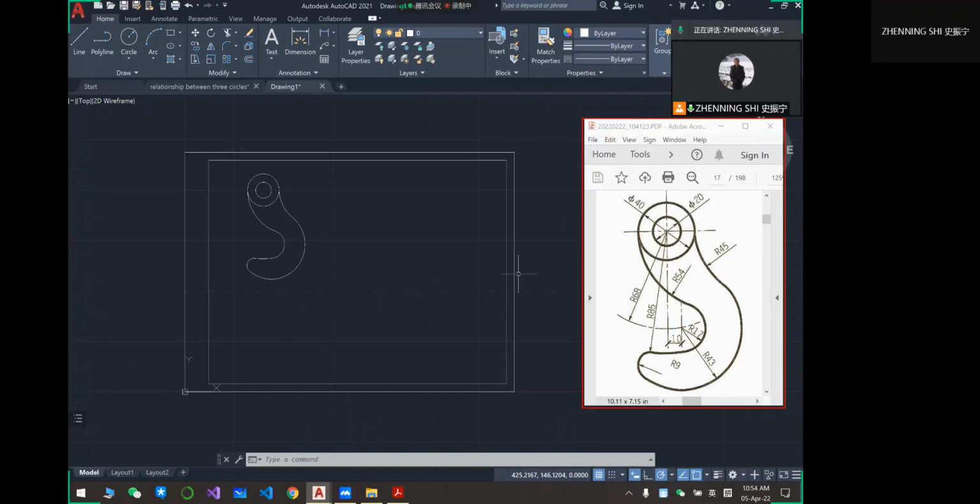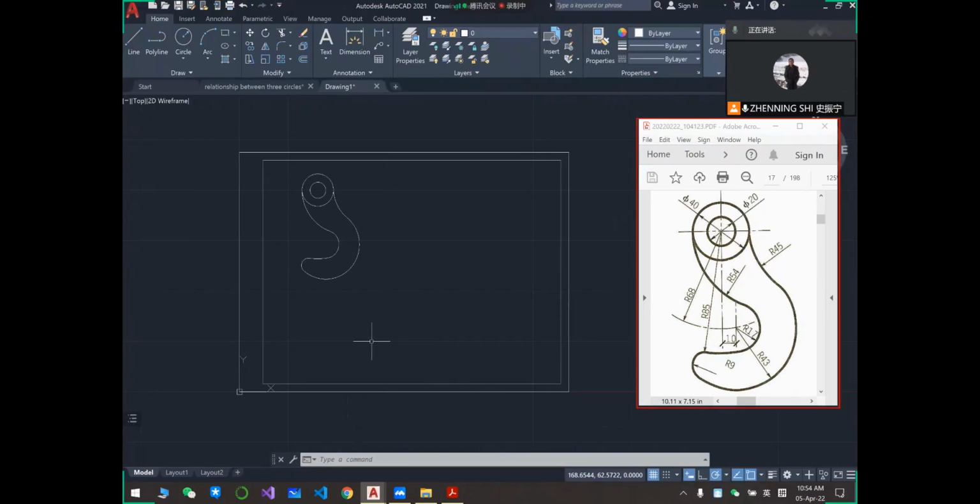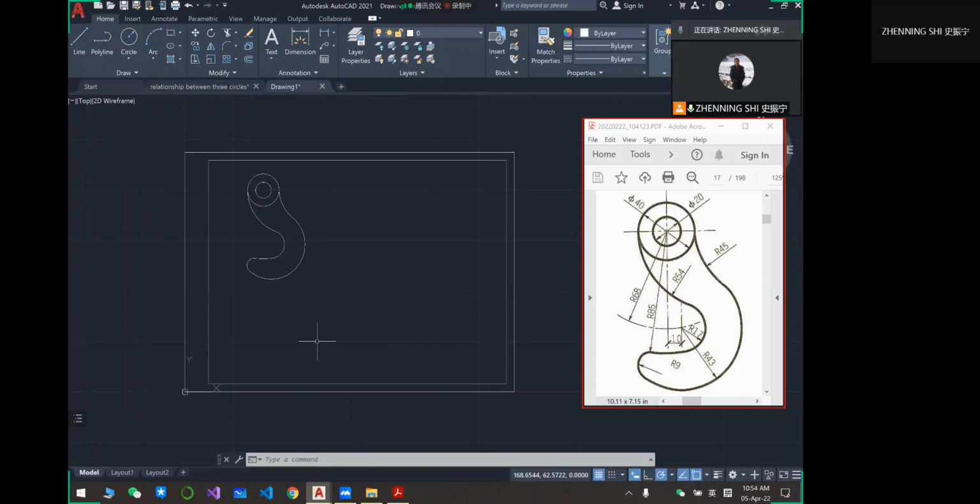At first I will tell you how to draw the other shape. And I think it's the final time to tell you how to draw the homework. So now please have a rest.